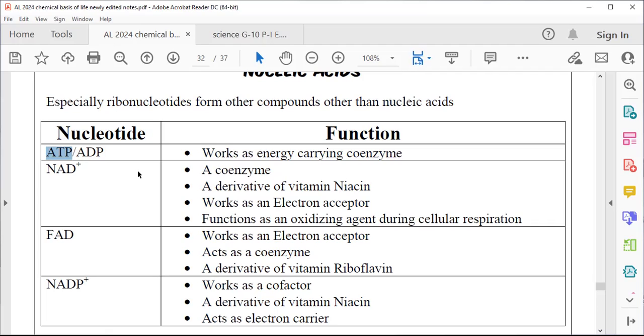NADP plus means nicotinamide adenosine dinucleotide phosphate. But do you want to know these words in expanded form? It is 100% not necessary. So do you want me to give you or skip it?